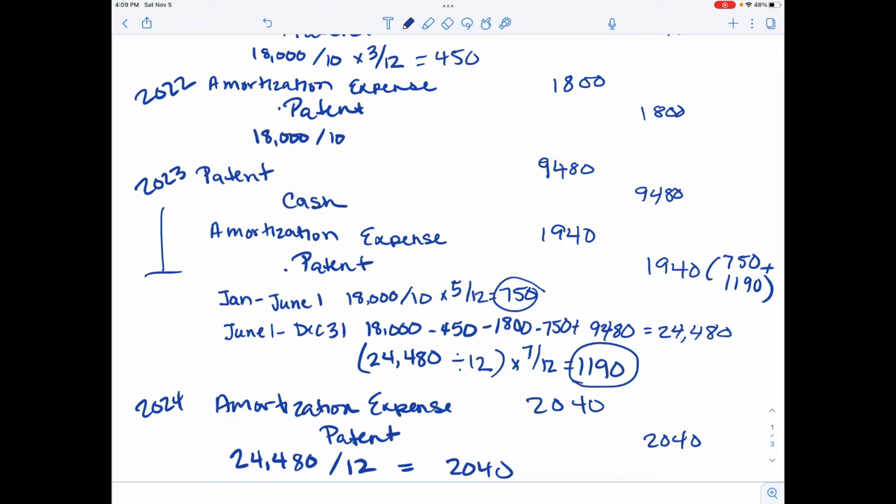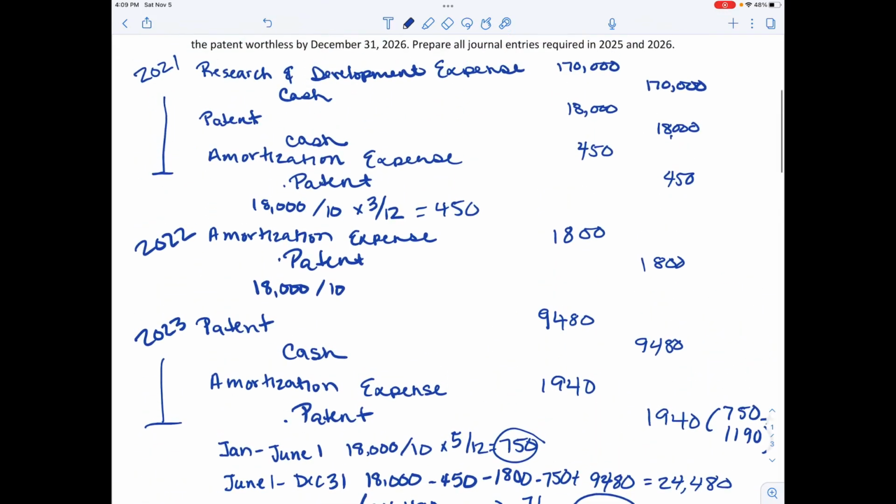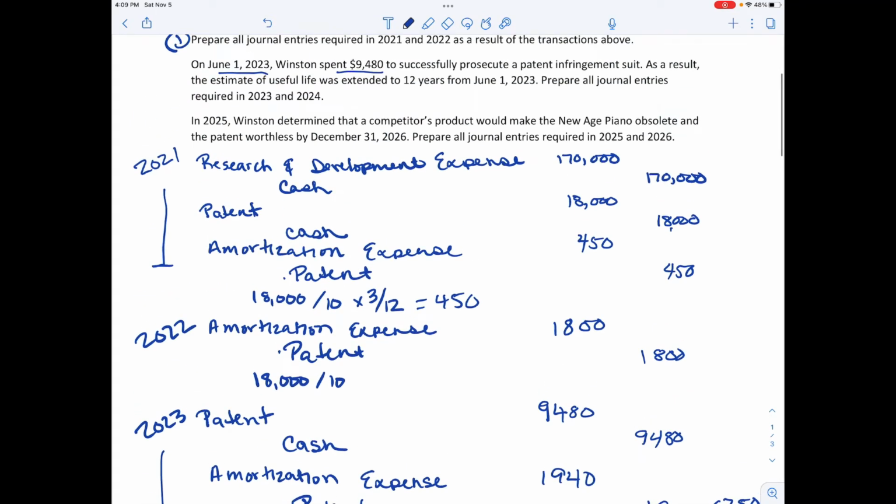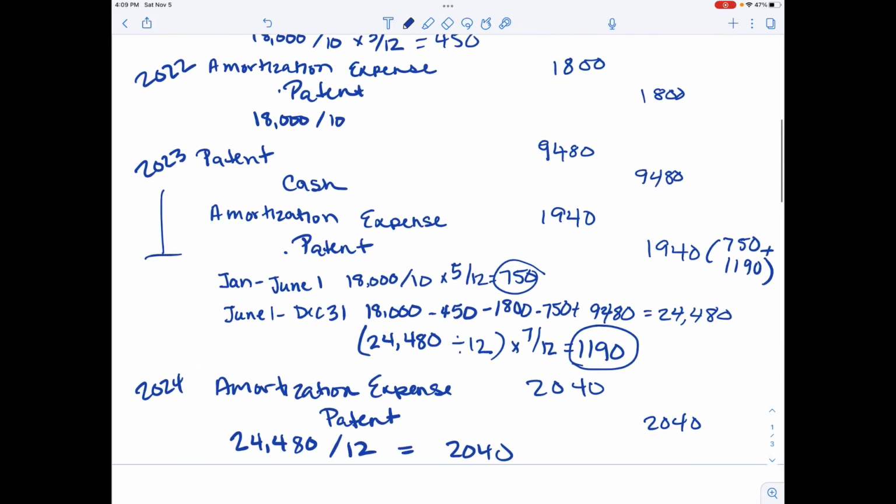And finally, the last little bit of this, coming back up here, they determined that the competitor's product would make this new age piano obsolete and the patent worthless in 2026. It's now 2024, so they have 2 years left on this patent.